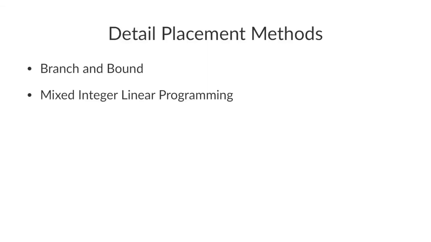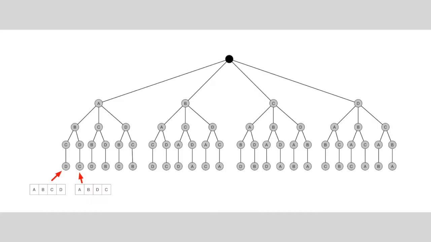To briefly mention traditional methods for detail placement, one that is widely used is branch and bound. If we have a window that contains 4 cells, we can explore different arrangements with a depth-first search style tree. We might place cells A, B, C, and D, and then we get the wire length of this configuration.